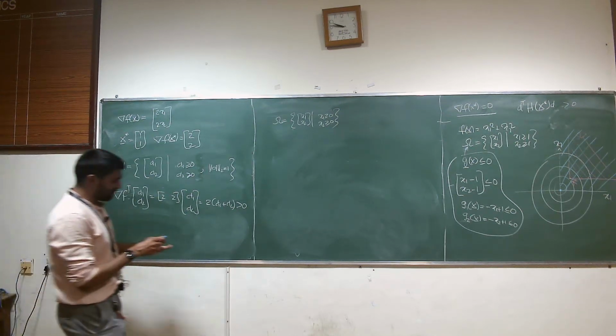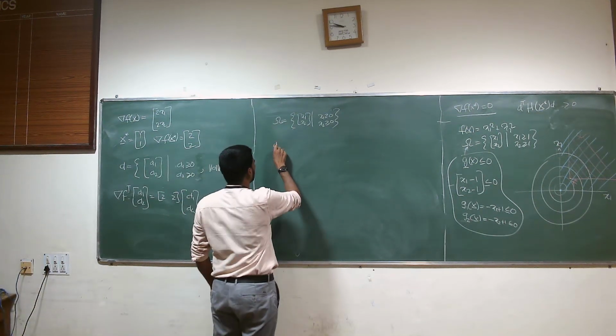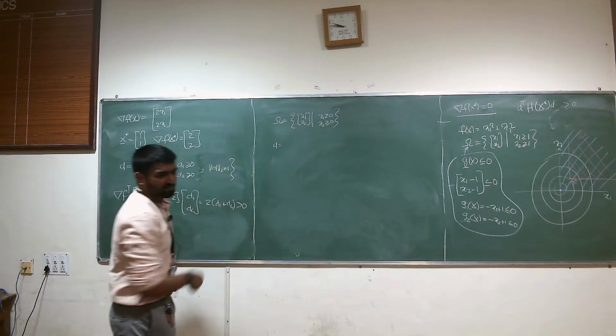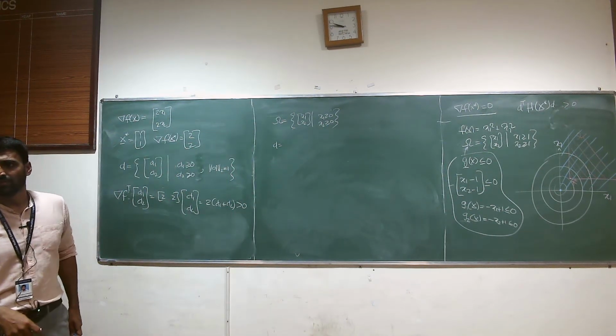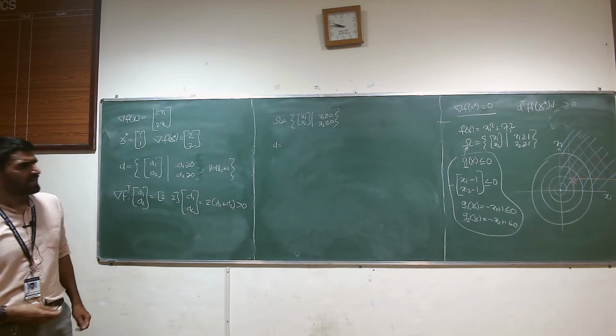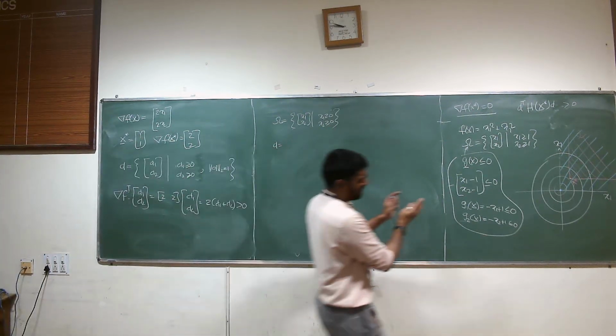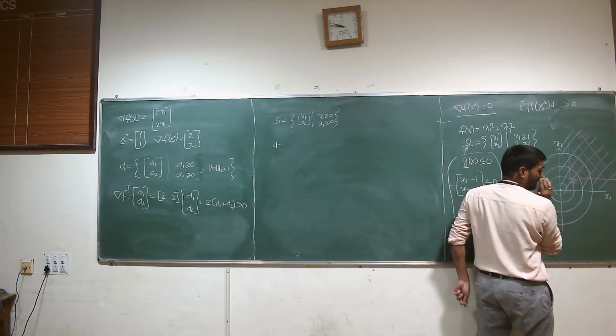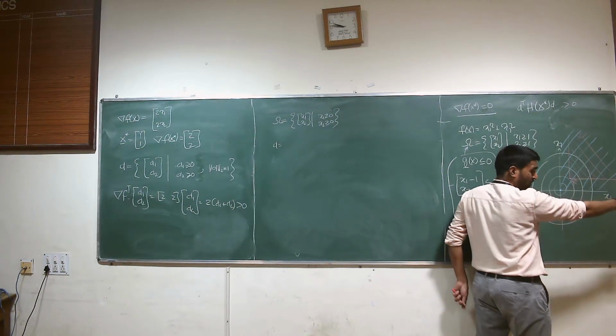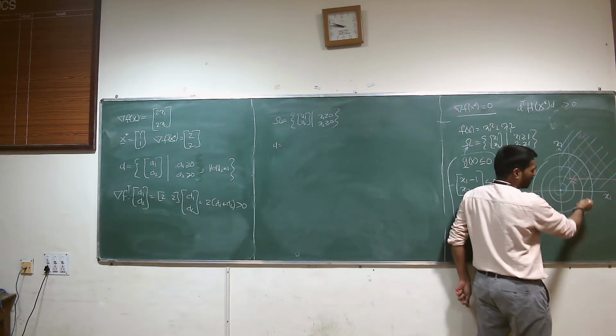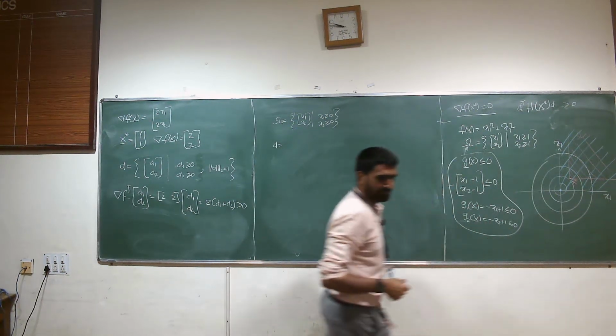What is the set of feasible directions in this case? Is it the same as here? It is, right? All the feasible directions are directions where you have a non-negative component along x1 and x2.